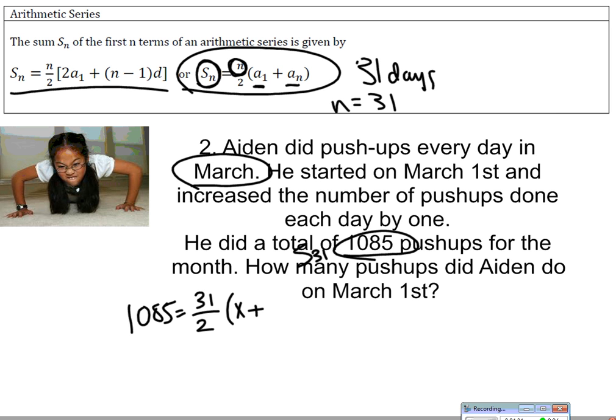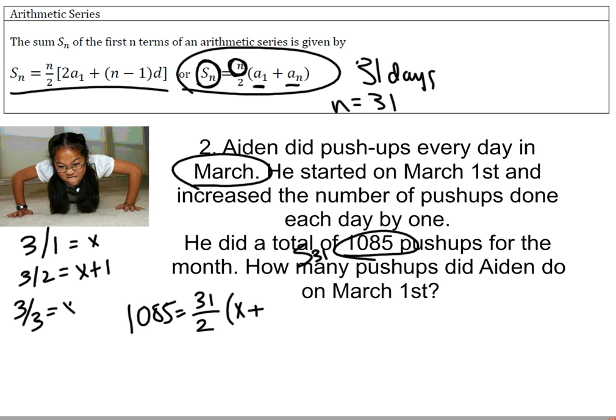Okay, so on March 1st, he does x push-ups. On the second day, he increases by 1, so he goes x plus 1. On the third day, he goes x plus 1 plus another 1, so it's x plus 2. So on the fourth day, he's going to go x plus 3.